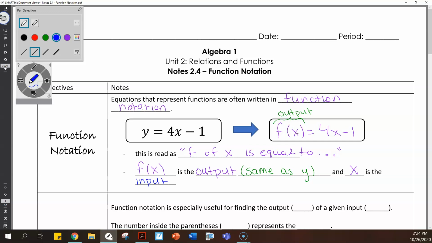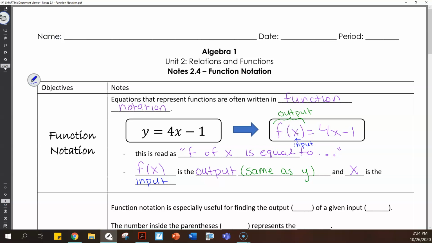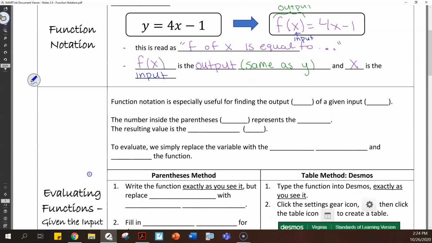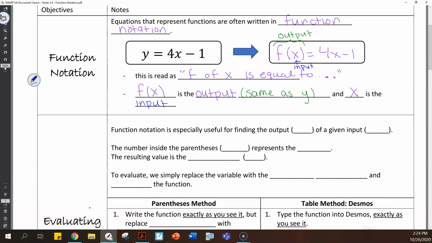Just like we've seen before, x is my input value. So this is weird in that the input value and the output value can be in the same area. So we're going to practice with this a little more, and that might make it a little clearer as to what they mean when we have f of x with the output value and the input value.